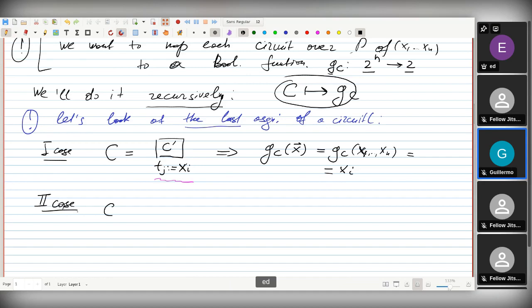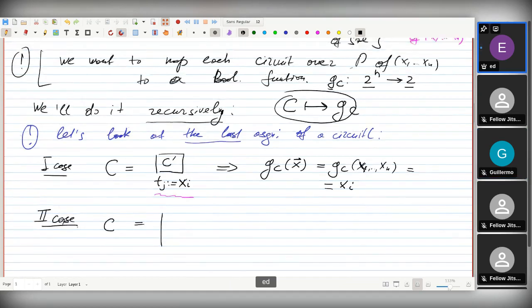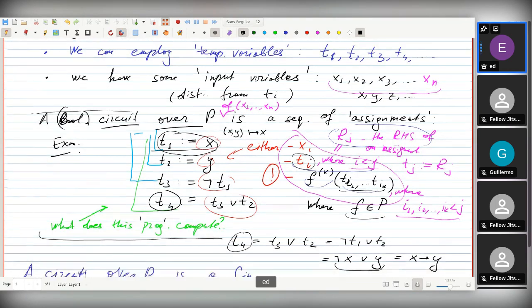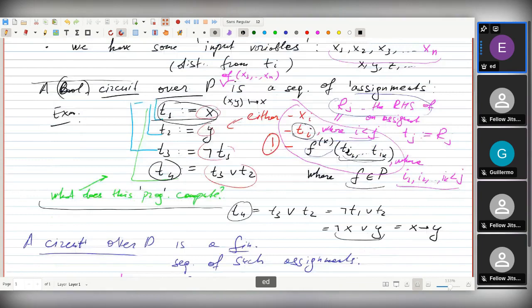Yes. Okay. The second case is when our right-hand side calls some previously defined temporary variable.